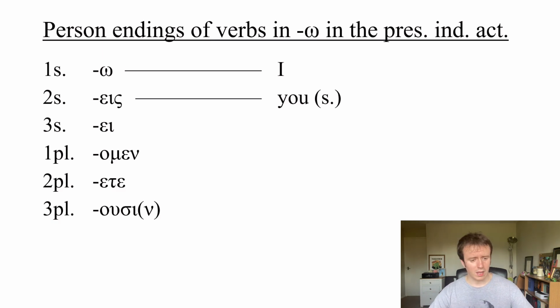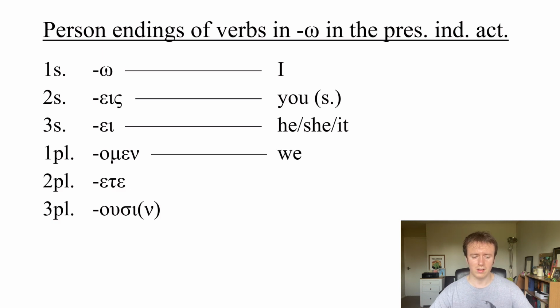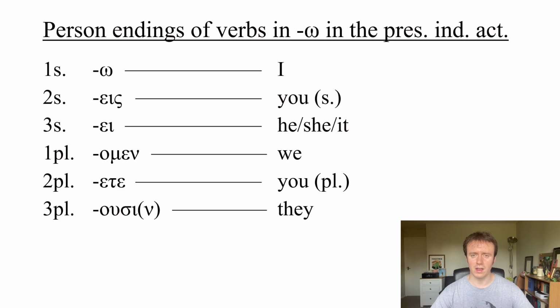The third person singular person ending ei means that he, she, or it is doing the action. The first person plural person ending omen is used to mean that we are doing the action. The second person plural person ending ete means that you plural are doing the action. And finally, the third person plural person ending ousin means that they are doing the action.